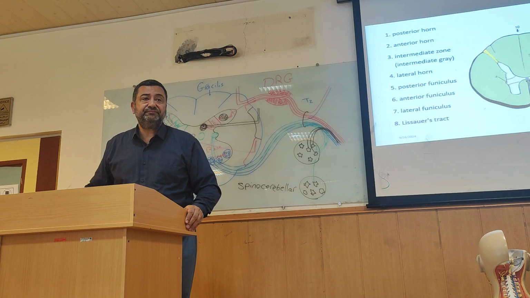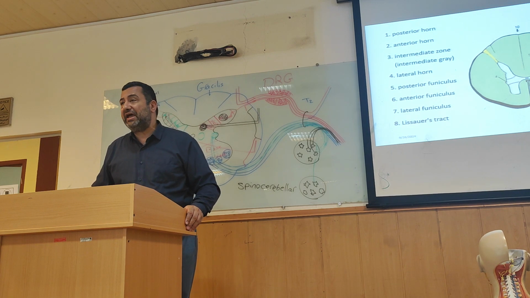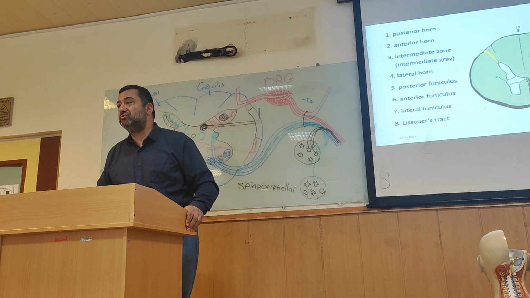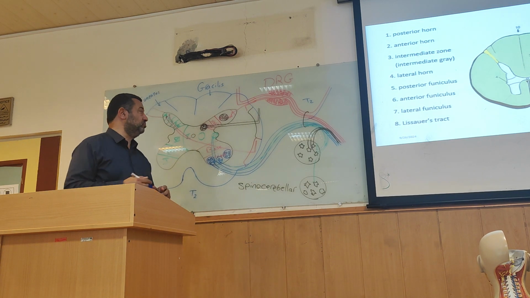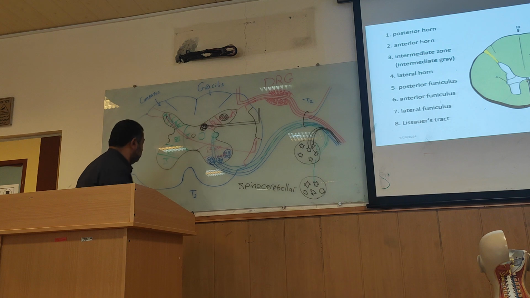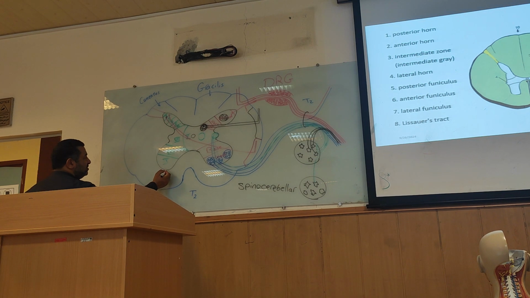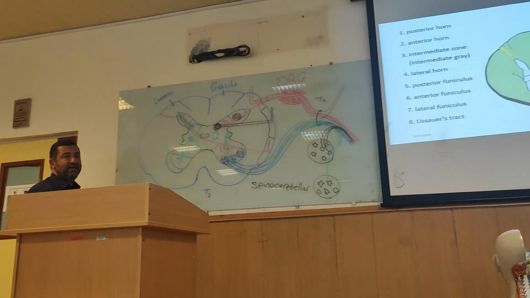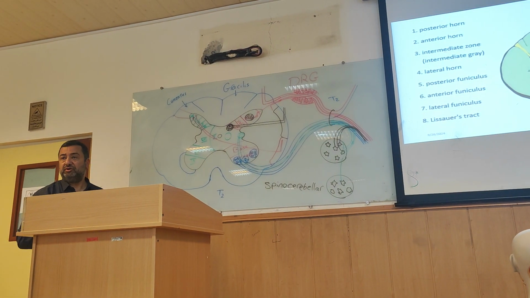There is another more important tract in the lateral funiculus and anterior funiculus of the spinal cord. This tract is located near the head of the anterior gray column.